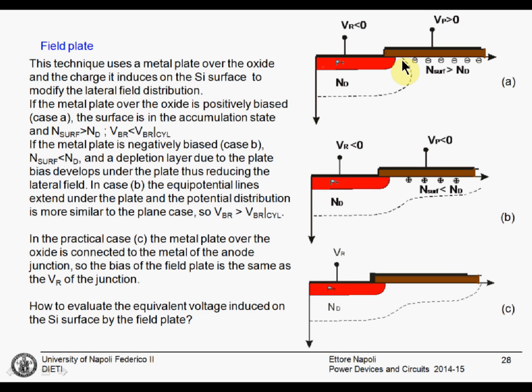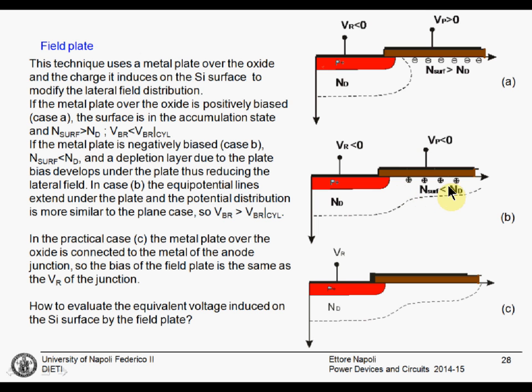If the metal plate is negatively biased, case B here, we are actually repelling the negative charge, attracting positive charge.